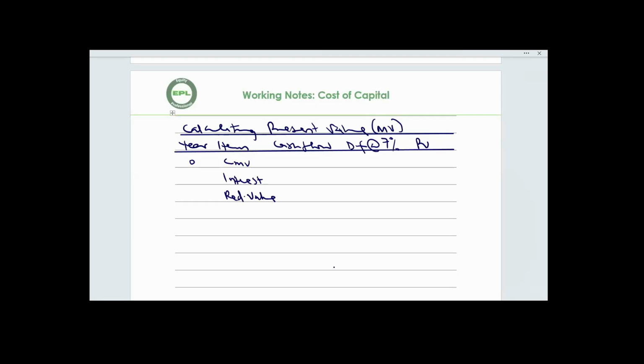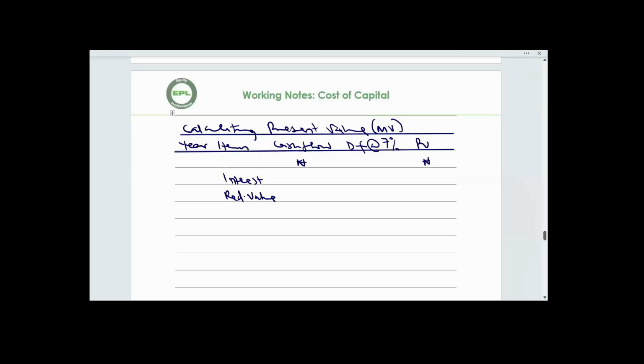But because we are calculating present value, you don't include year zero. Once you put year zero, that means you want to calculate NPV. NPV is the difference between the present value of cash inflow and the present value of cash outflow. So when you are calculating present value, you ignore year zero.